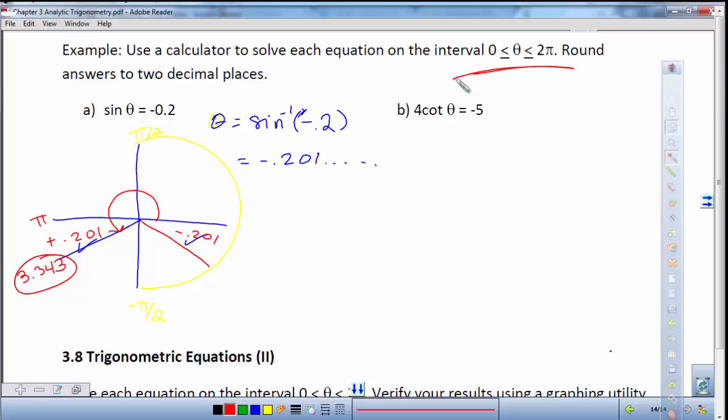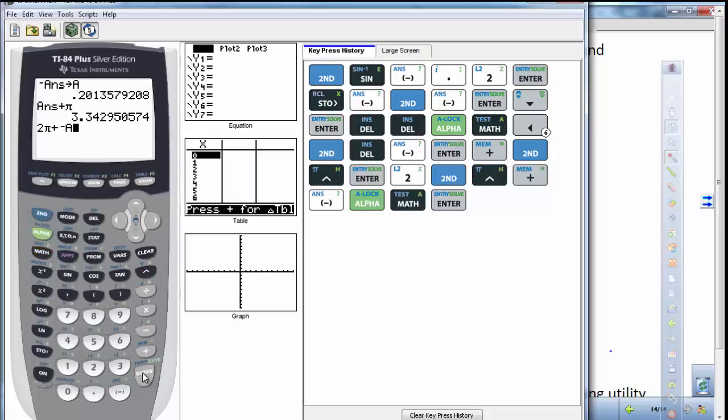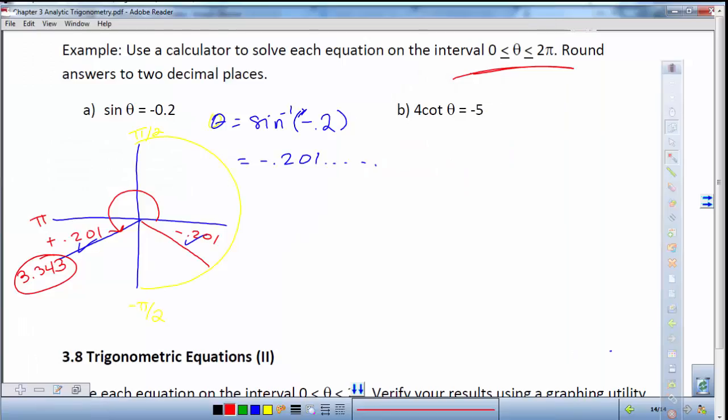So 2 pi plus negative alpha A. We get 6.08. All right, so those are my two answers.